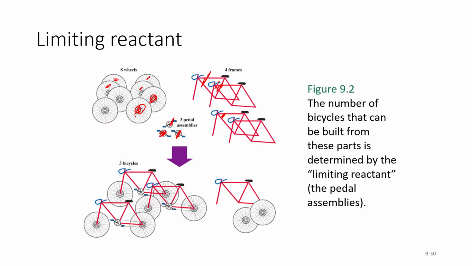And then we have excess wheels and excess frames. Sorry, 1 excess frame. But we ran out of the pedal assembly. We can't possibly make another bike without the pedal assembly. So the limiting reactant in this example is the pedal assembly.